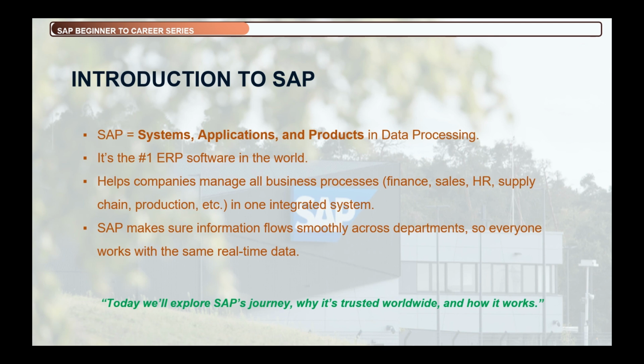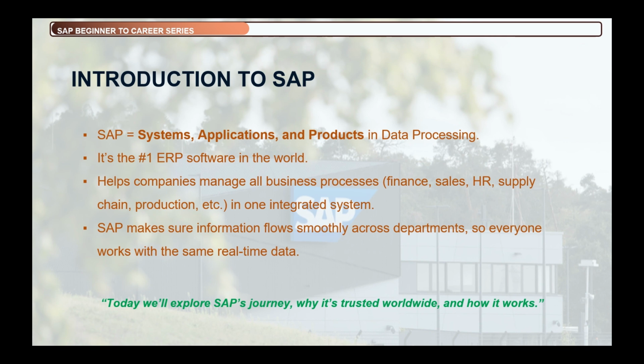SAP makes sure information flows smoothly across departments, so everyone works with the same real-time data. As I mentioned, it covers every module in your organization. So when the procurement department records the goods receipt, it will be recorded in the system. The person in the logistics team can see how many raw materials have come into the system.